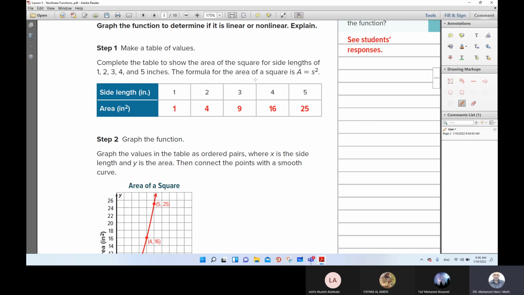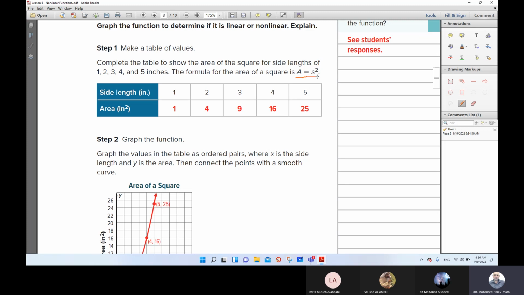The formula for the area of the square, as you remember, is A equals s squared, where s means the side of the square. So you can create a table. In the first row, the side length, we have 5 values: 1, 2, 3, 4, and 5. Then we substitute in the formula.